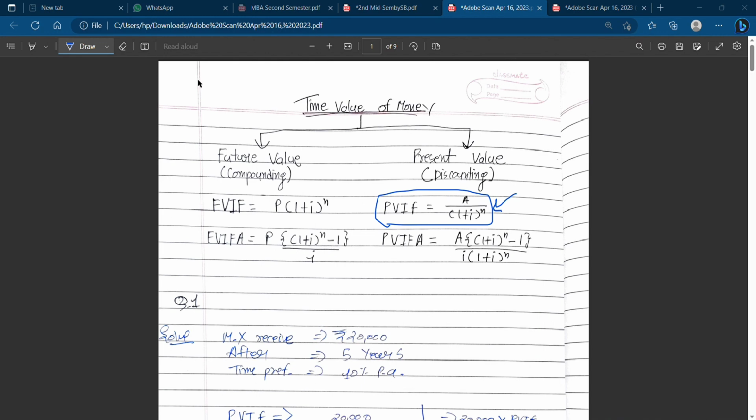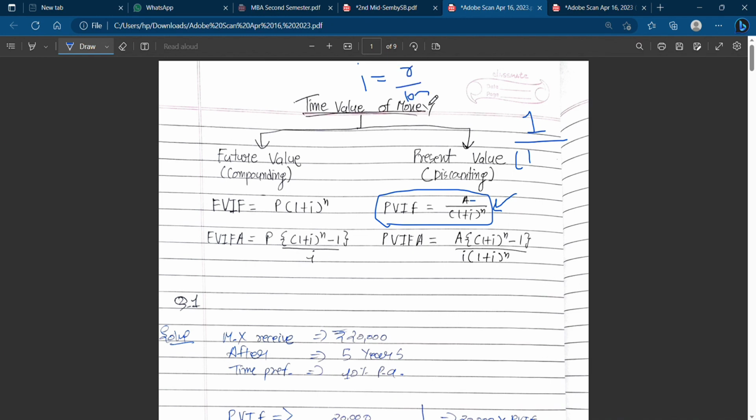All the values we see in the table are derived by taking the amount as 1 rupee. So the formula is 1 divided by (1 plus i) to the power n, where i is our rate divided by 100.